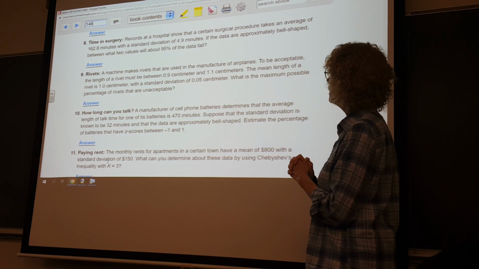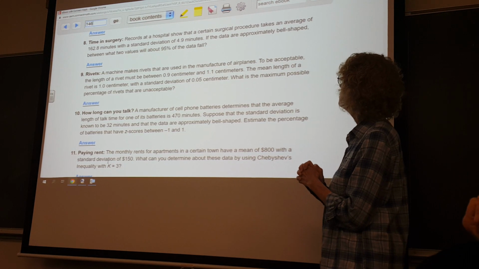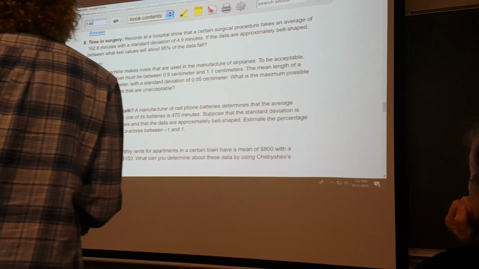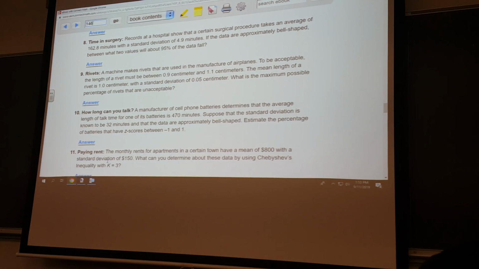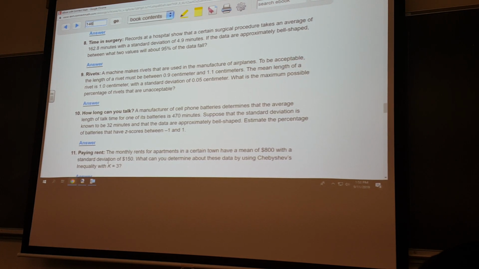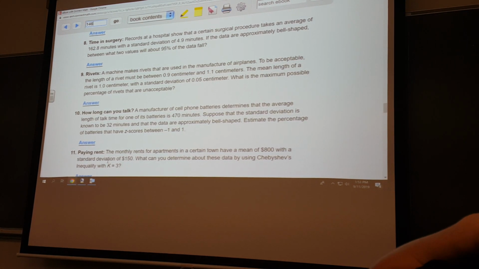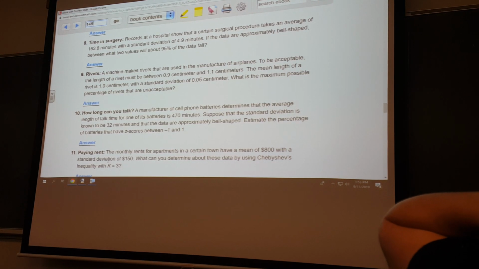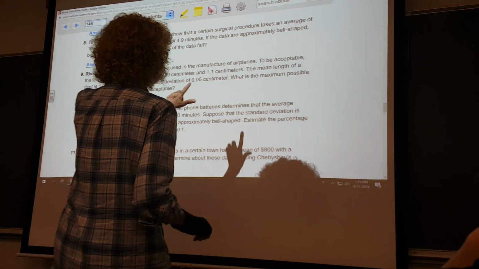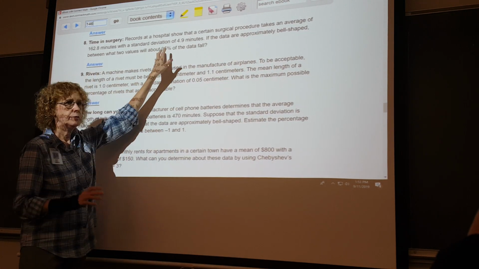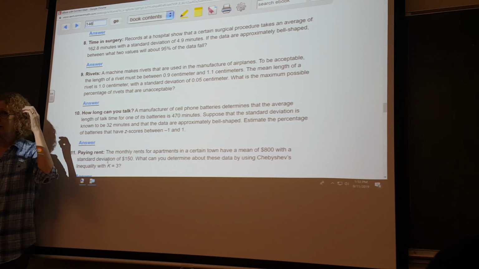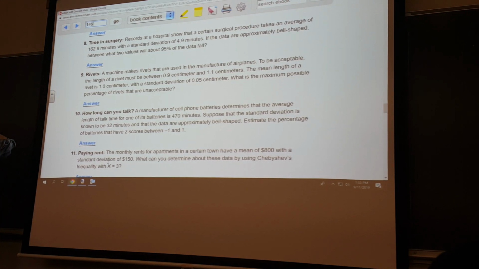So records at a hospital show a certain surgical procedure takes an average of 162.8 minutes, standard deviation 4.9. The data are approximately bell-shaped. Between what two values will about 95% of the data fall? So if a problem is telling you a distribution is bell-shaped and it asks in what interval a certain percentage falls, you go to the empirical rule.